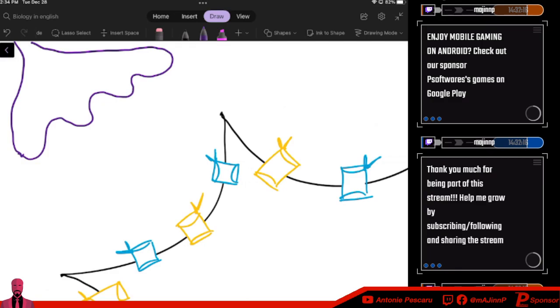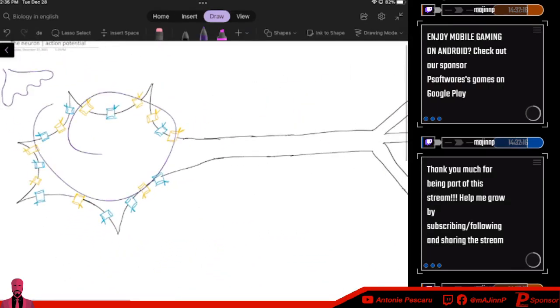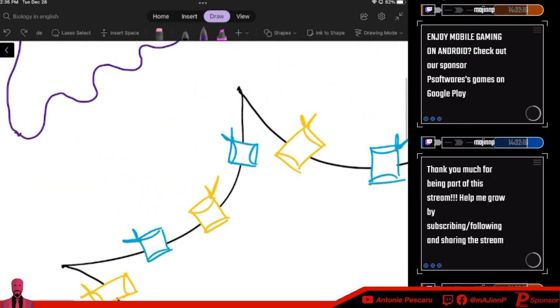Let's assume that this synapse already sent an action potential. It's sent its neurotransmitters, and they're going to this neuron here. Let's assume that's happening right now. It's going to send multiple neurotransmitters, and our neurotransmitters look kind of like this, right?